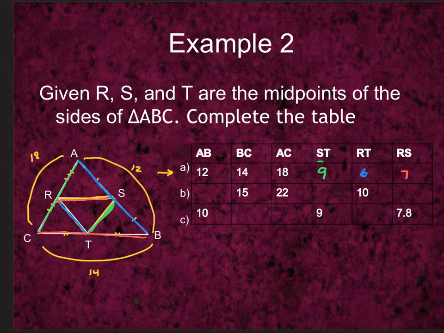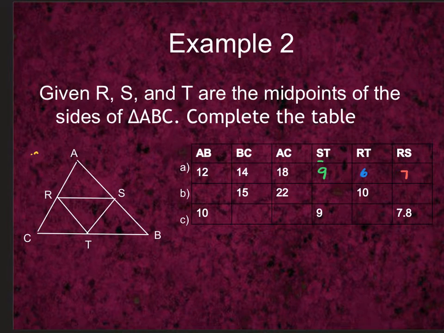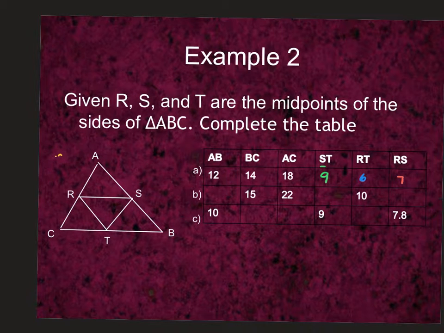Now we're going to clear all that off because we're going to get new values. Okay, in B, which is here, they give you BC, which is this side, is 15. AC, this side, is 22. And RT, which is here, is 10.